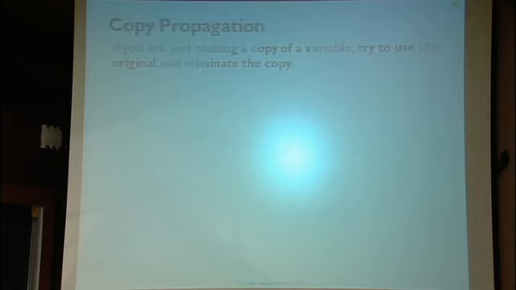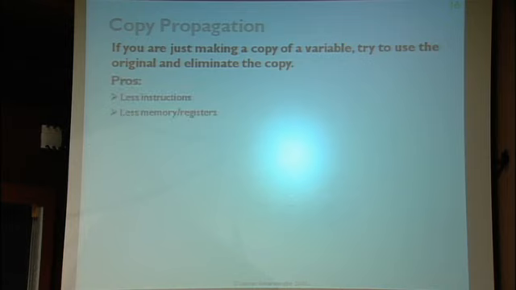That's called copy propagation. Copy propagation says you are just making a copy of one value to another, so just get rid of the copy. You don't need to do a copy. Very simple thing here. Fewer instructions, fewer memory registers because you are not copying. However, when we come to register allocation, I will talk about this: if I use the same register now, I might have things that were in 2 registers, x copied to y, now all in x.